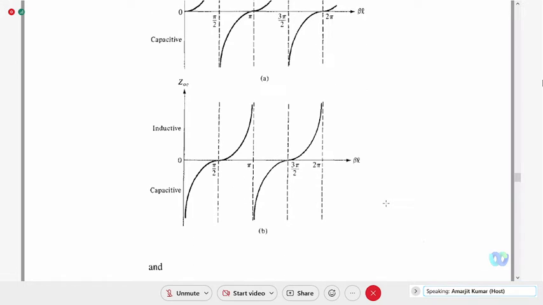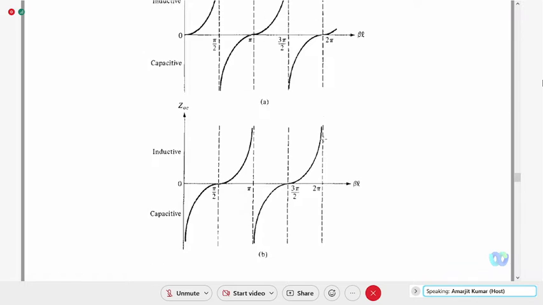And similarly for open circuited transmission line, minus J Z naught cot beta L. If it is 0 to 90 degree, it will be capacitive, and then inductive, capacitive, inductive. That will depend on the electrical length of the transmission line. So the input impedance of the short circuited and open circuited line can be plotted with electrical length of the transmission line.